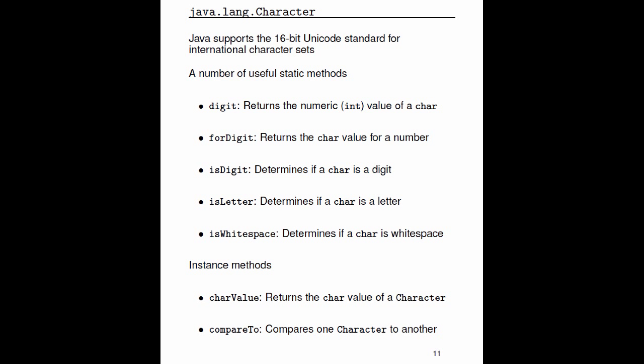Well, in Unicode, there are hundreds of different character sets in there, and who knows what a letter is. And so all of the logic for determining if a character is a letter in Unicode is implemented in this isLetter method, because you don't want to do it yourself. Same thing with white space. There are lots of different characters in Unicode for white space.